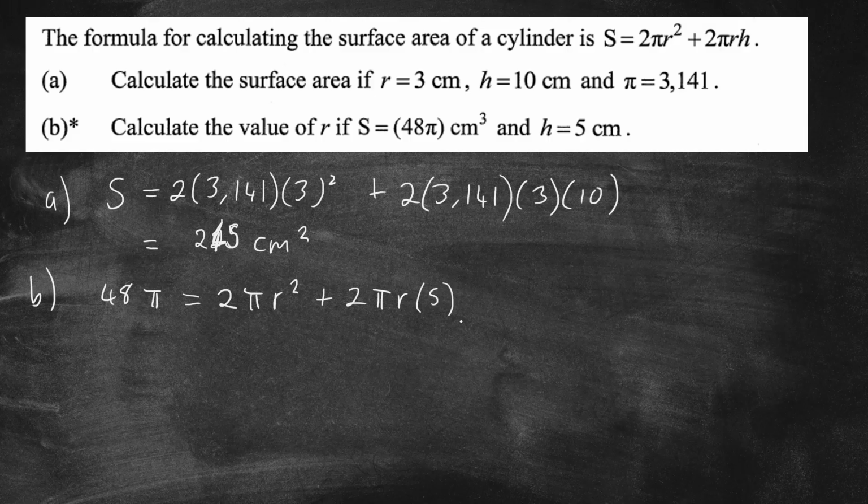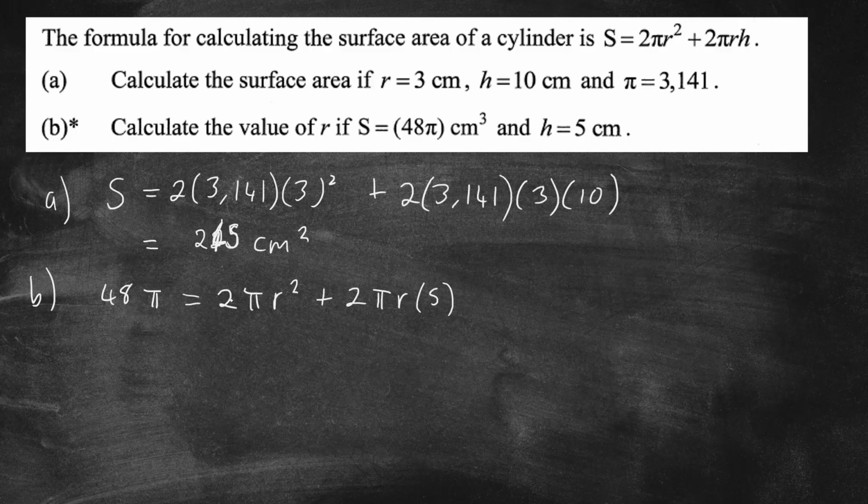Okay, now first of all, before we try to solve this, because we can see there's an r squared, this is going to be quadratic again, so we want to simplify this. With equations we can divide the whole equation by a value that would help us simplify the entire equation.